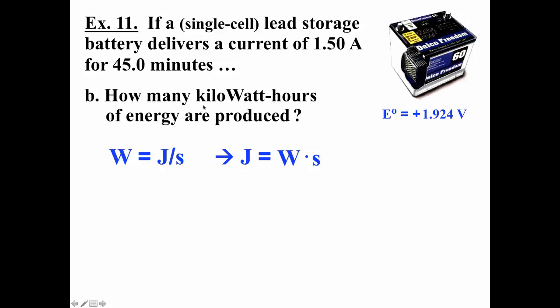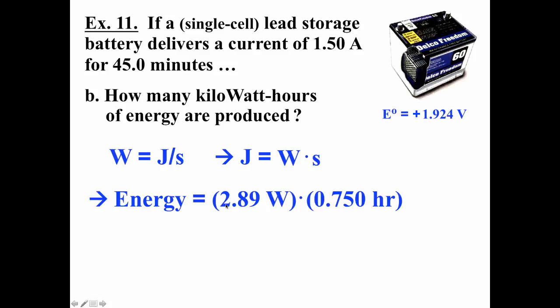But since we want the energy in kilowatt hours, we actually want to multiply by a time in hours. And so what we have is the energy is 2.89 watts, the power, times 0.750 hours, the amount of time that the cell was running. And that gives us the answer of 2.12, and the units are watt hours.